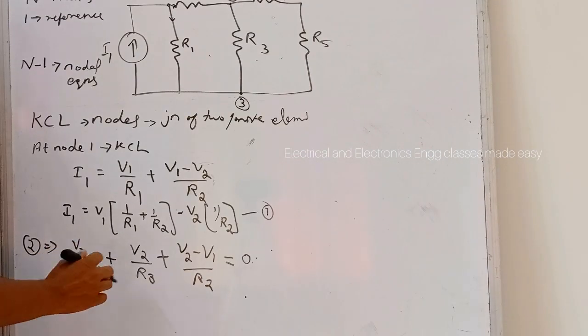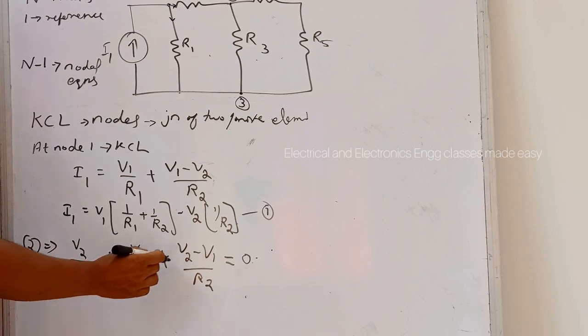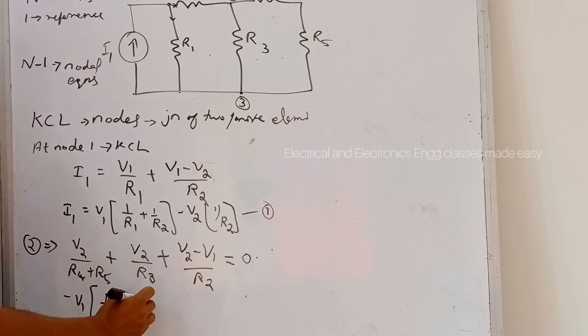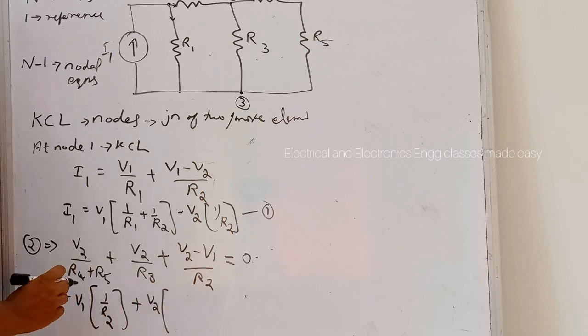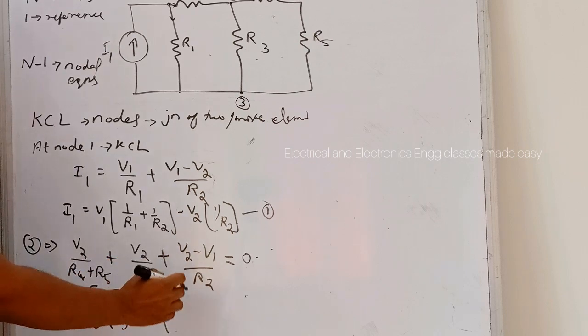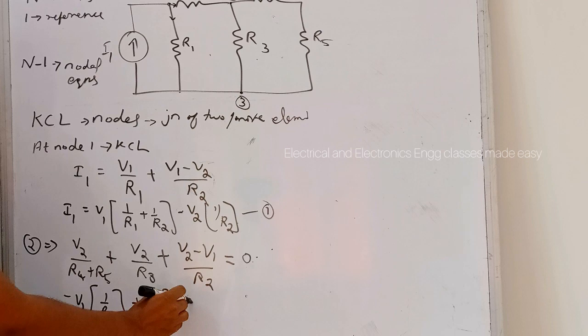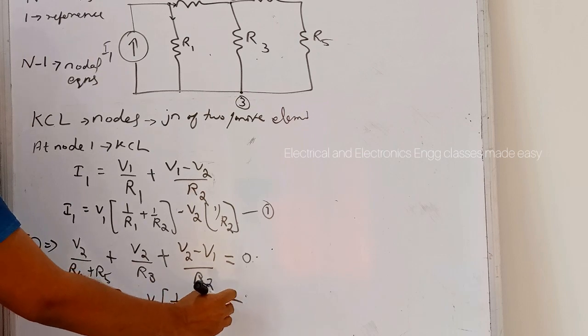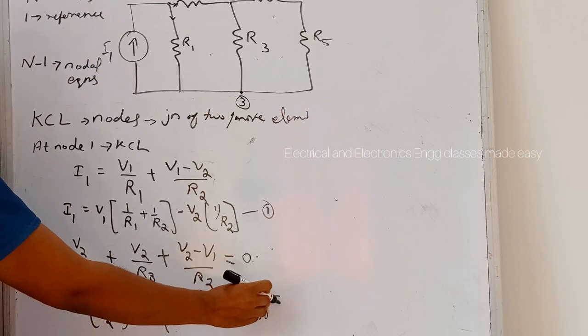Now we can rearrange this equation: minus V1 into 1 divided by R2, plus V2 into (1 by R2 plus 1 by R3 plus 1 by R4 plus R5), equal to 0.